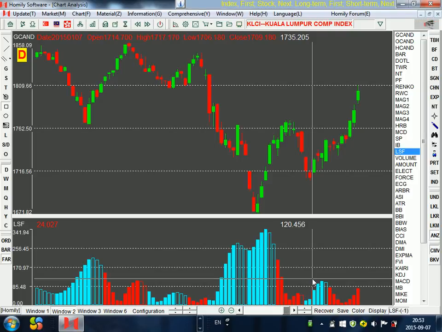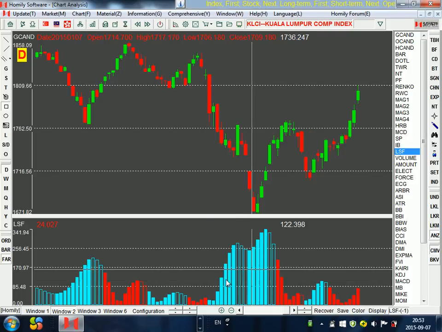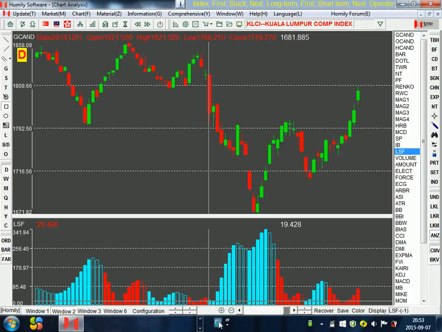What is the meaning of this hollow blue, solid blue versus hollow? Okay, let us explain the function first.